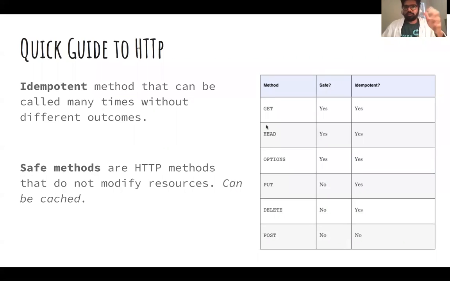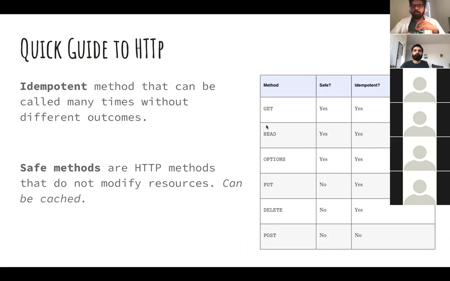But if you're making a post, which is logging into your bank or depositing money in your account, things like that, the browser can't cache, because you don't want duplicate money being deposited. Deposit is probably fine, but you don't want it getting out of your account multiple times. So that's why post and put are not safe.